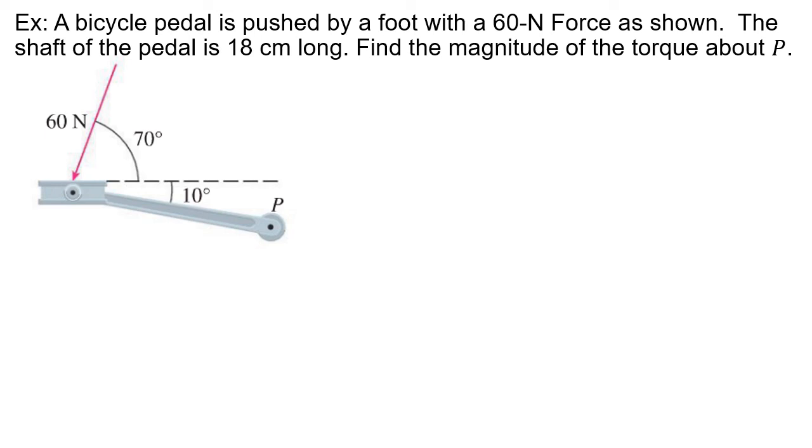But I'm going to use the formula that the torque, the tau vector, is the magnitude of r times the magnitude of F times the sine of theta. And so my r, the 18 centimeters, would be 0.18 meters. The force is 60 newtons.